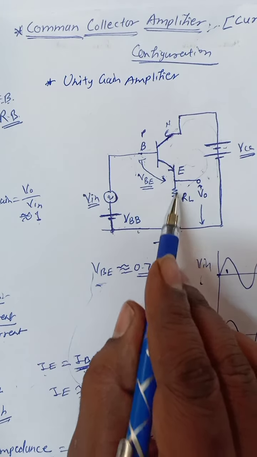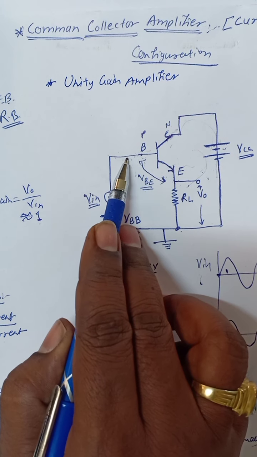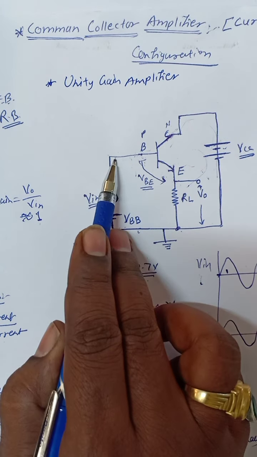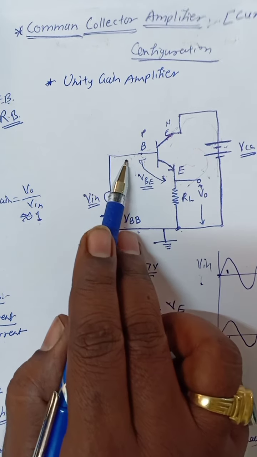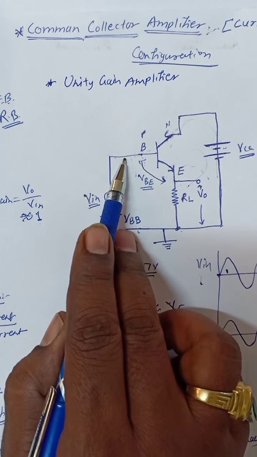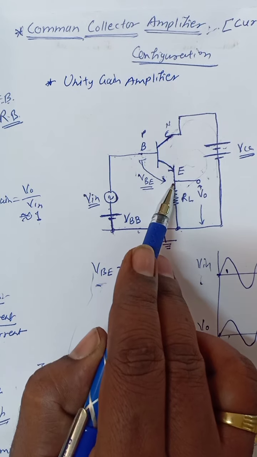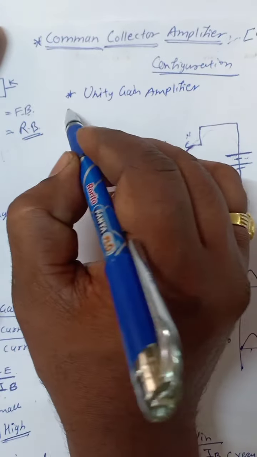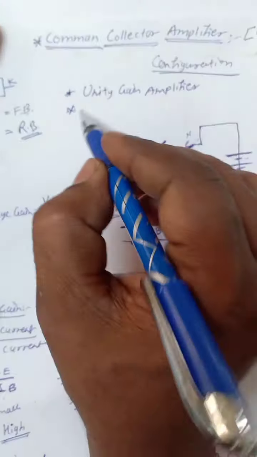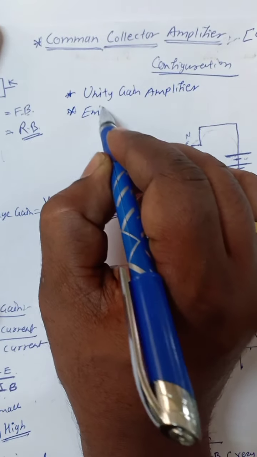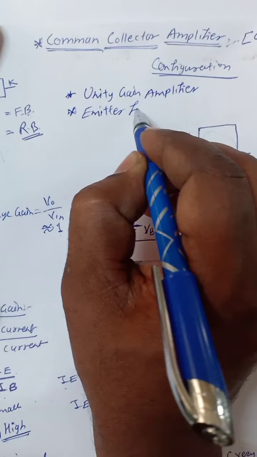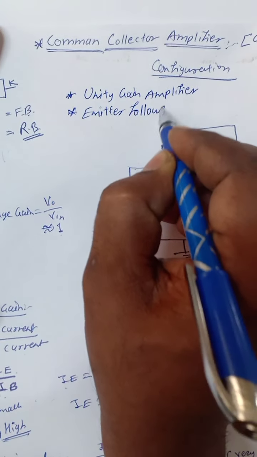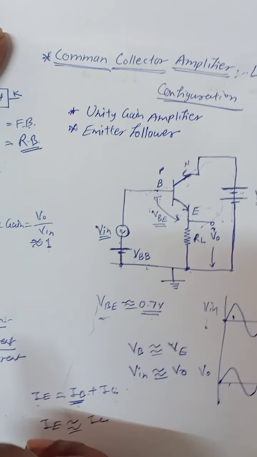Here the emitter voltage is equal to the base voltage, the output voltage follows the input voltage because both are the same. Therefore it is also known as an emitter follower.